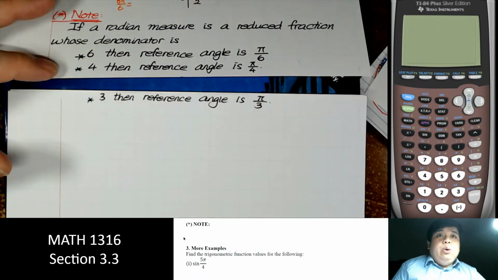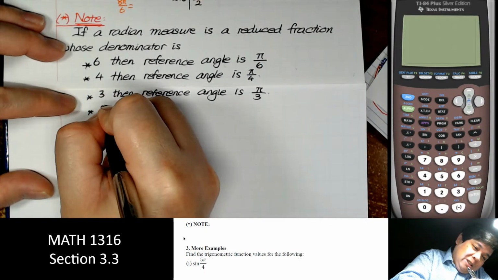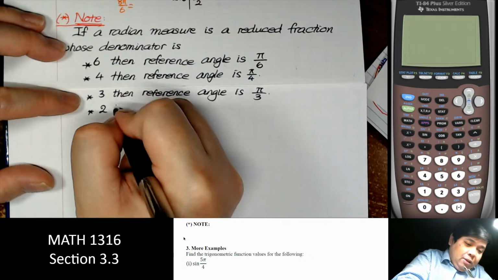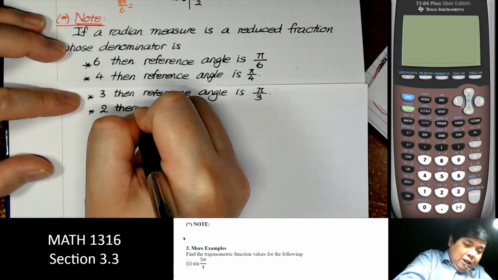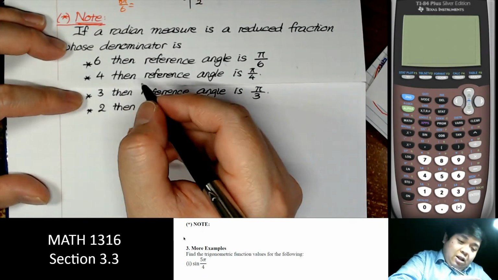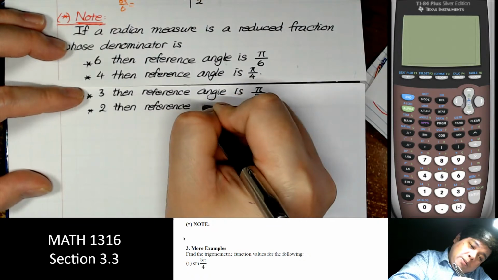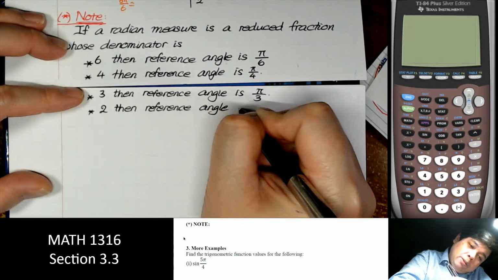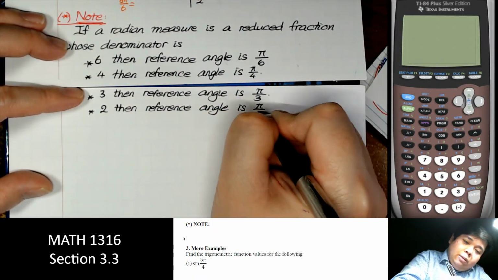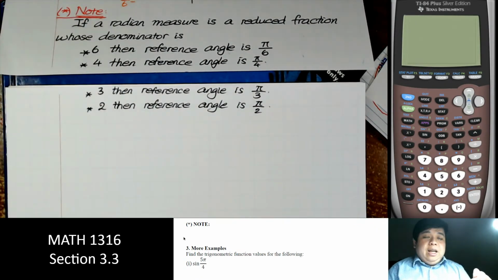And if it is 2, then the reference angle is pi over 2. Right, keep that in mind.